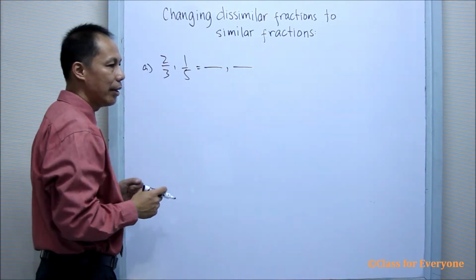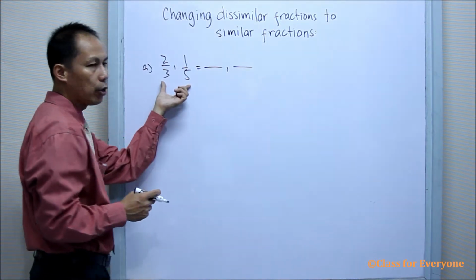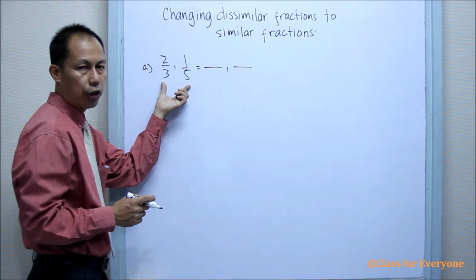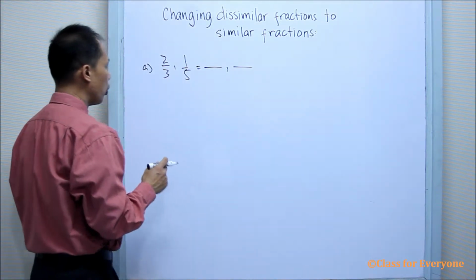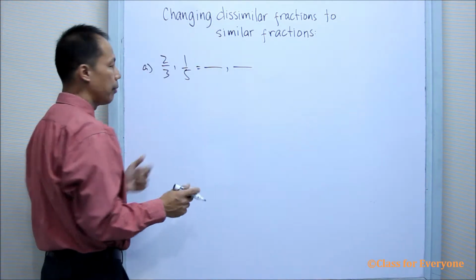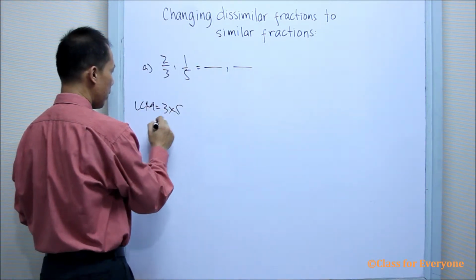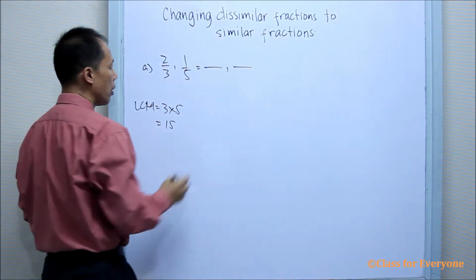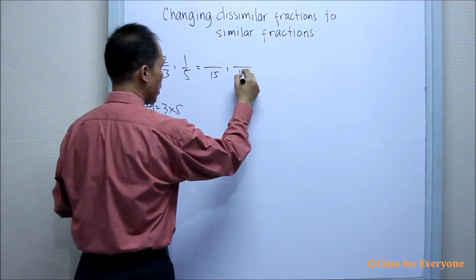So we need the least common multiple of the denominators. If the denominators do not have a common factor, then the least common multiple of the denominators will be the product of the denominators. So the LCM is equal to 3 times 5, which is equal to 15. Therefore, the denominators of these two fractions must be 15.